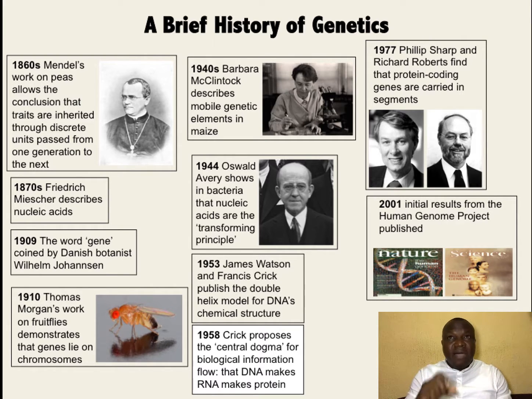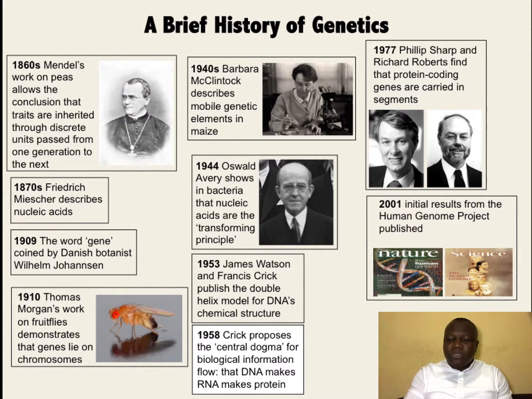In 1972, however, Stanley Cohen and Herbert Boyer combined DNA from two different species in vitro and then transformed it into bacterial cells. This was the first DNA cloning. While in the year 2001, the sequence of the entire human genome was announced.